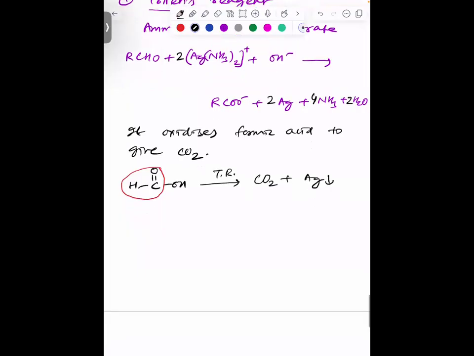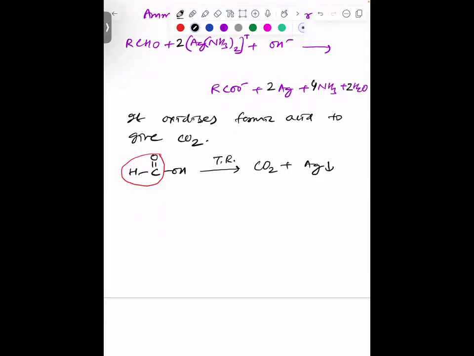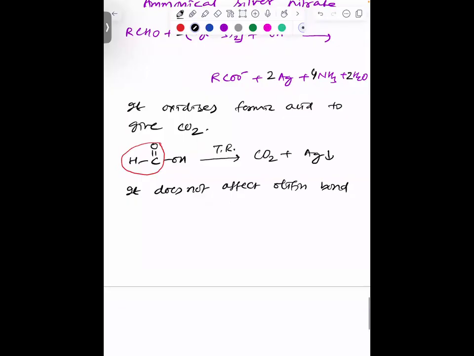And what are the other reactions? Now it doesn't affect olefin bond. Olefin bond means carbon-carbon double bond.